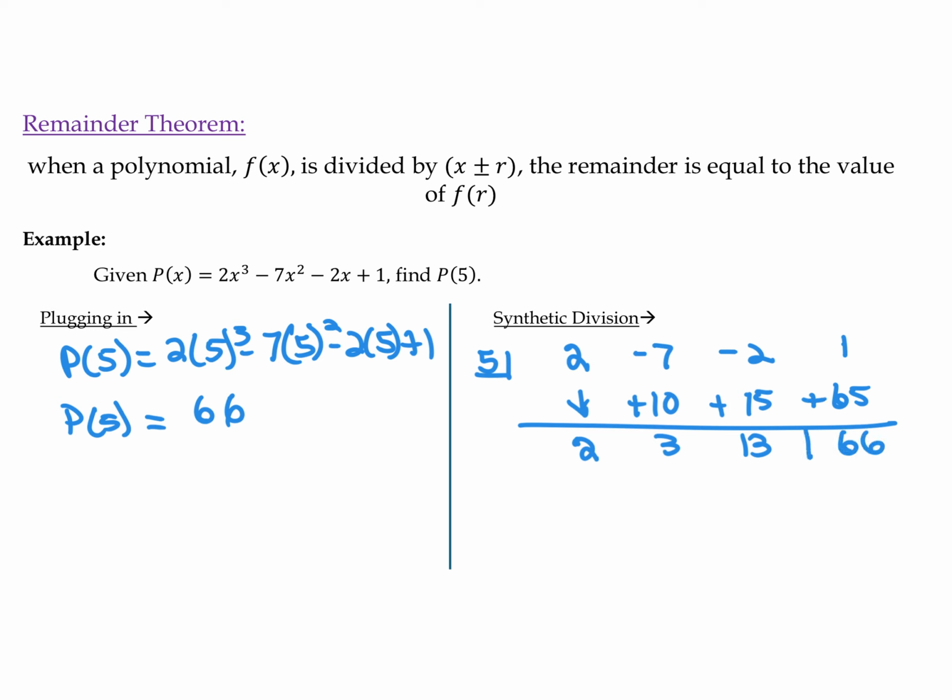The remainder is always going to be the value of that function at that particular value. So when p is 5, that is like we are dividing this polynomial by x minus 5, and the answer that represents the remainder would be the correct answer.